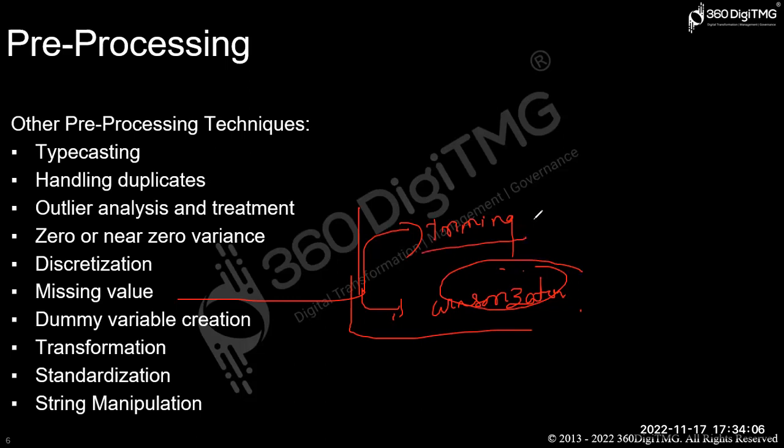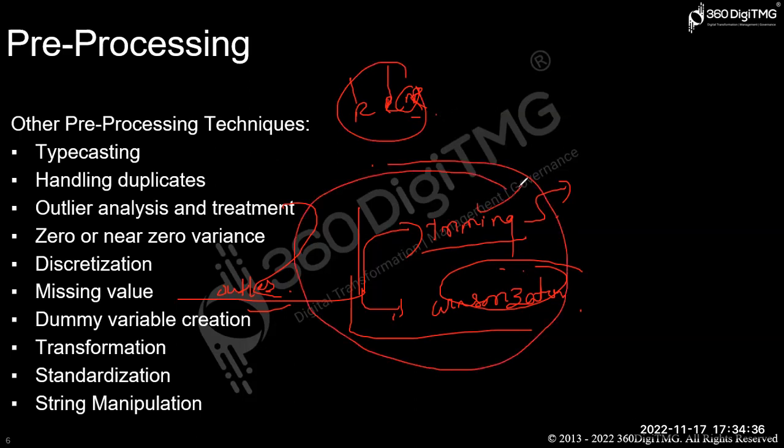So what happens in trimming? If you find outliers, we will be having the outlier analysis. We'll be doing the triple R technique: rectify, retain, and remove. Otherwise, we'll be having these techniques: trimming and winsorization.